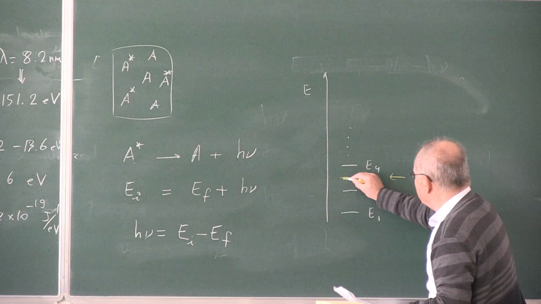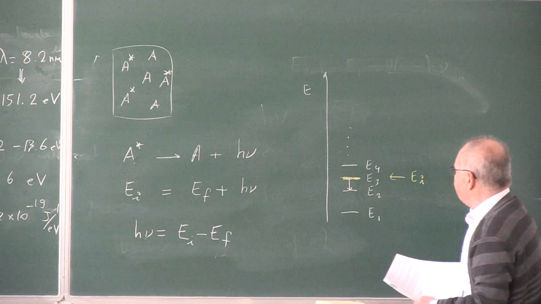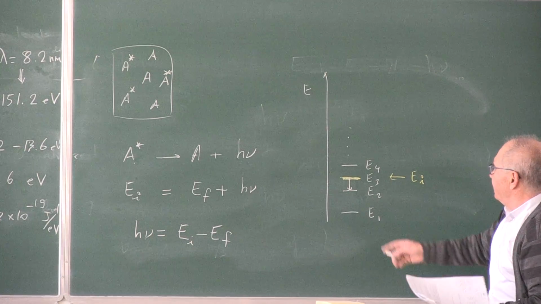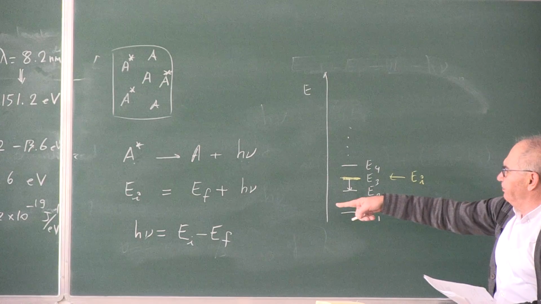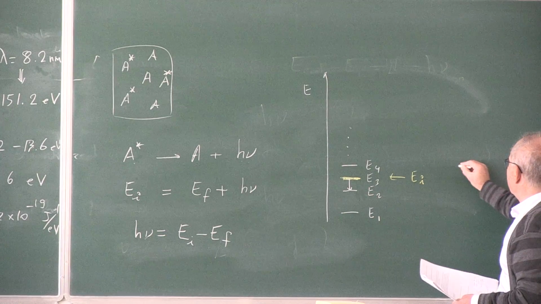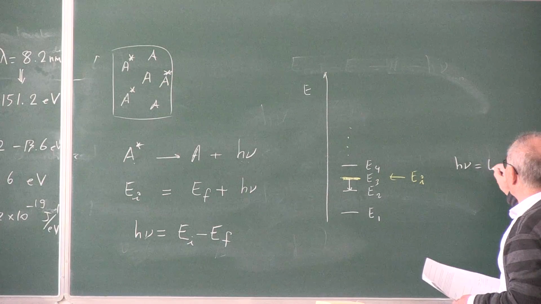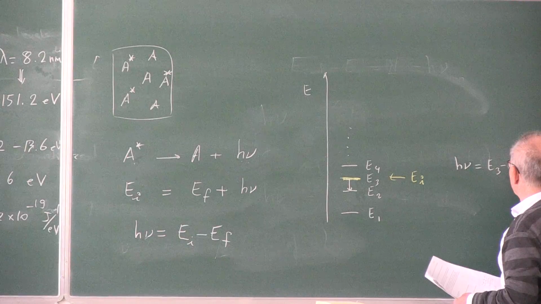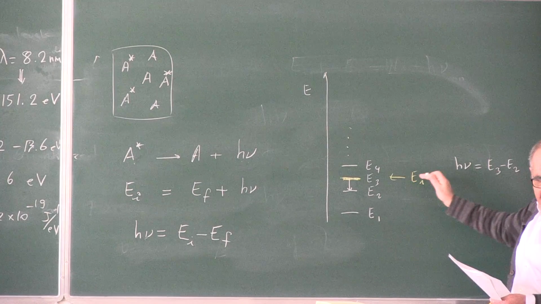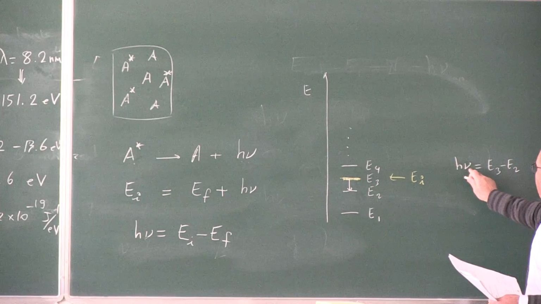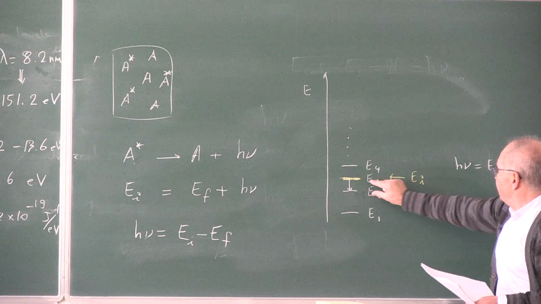So let us indicate. This is one possibility. In this case, what is the photon energy? E3 minus E2, isn't it? This will be the photon energy which is emitted.